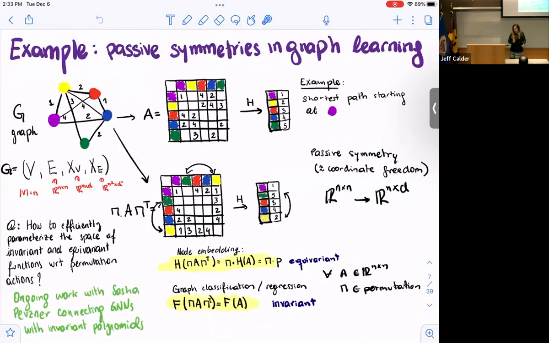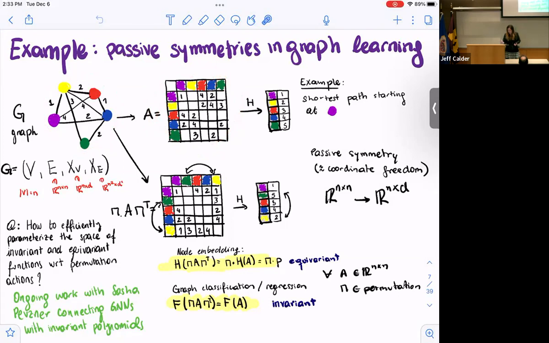As an example, I'm going to give you one that has to do with graph neural networks, because I know that Sasha is interested in it. Basically the idea is the following. I have a graph, and this graph can be represented as an adjacency matrix. When I do machine learning on this graph, I use a representation of the graph as a matrix, and the way I can express this graph as a matrix is not unique. If I do a permutation of the rows and the columns, I get another matrix that represents the same graph.